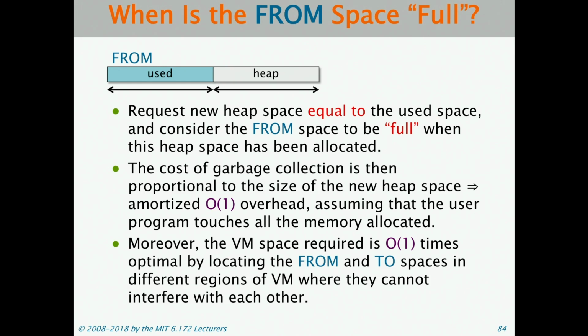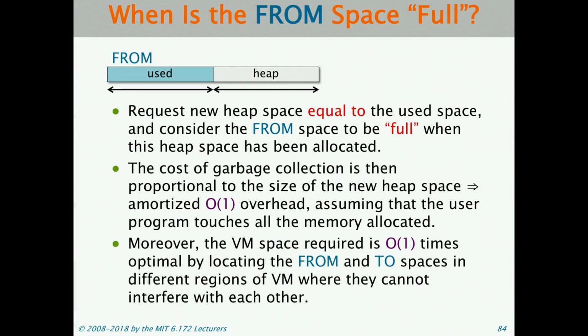So essentially, you're going to double the space, and when that becomes full, you're going to double it again, and so on. And with this method, you can amortize the cost of garbage collection to the size of the new heap space. So it's going to be amortized constant overhead per byte of memory. And this is assuming that the user program is going to touch all of the memory that it allocates.